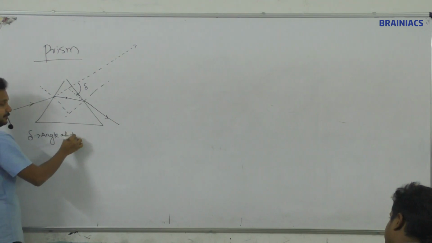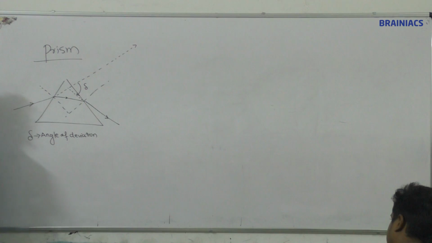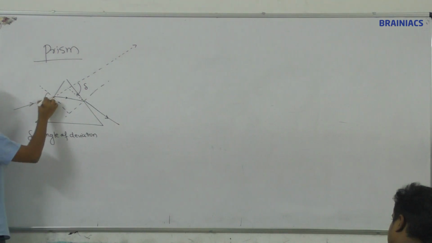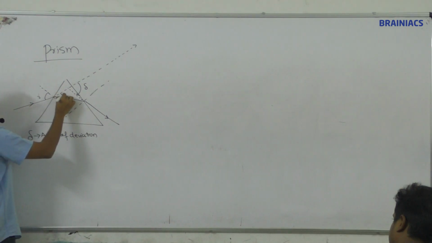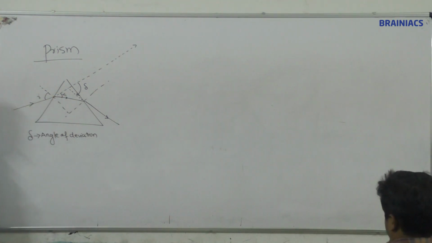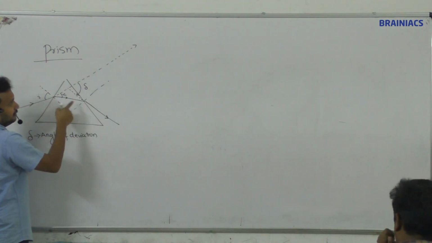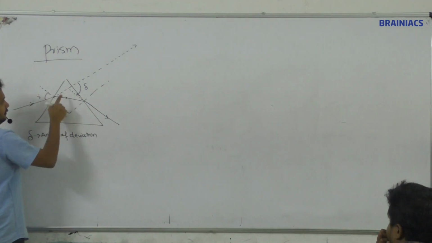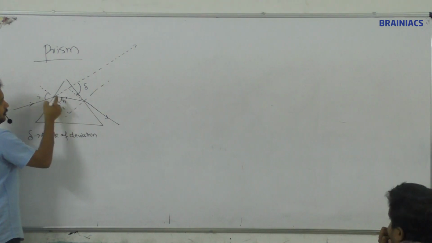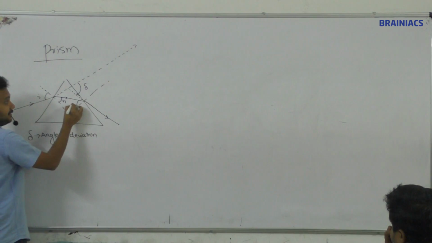This is called the angle of incidence, I. This is the angle of refraction, R1, with respect to the normal. For the second surface, this angle is the angle of incidence, and it is given as R2.